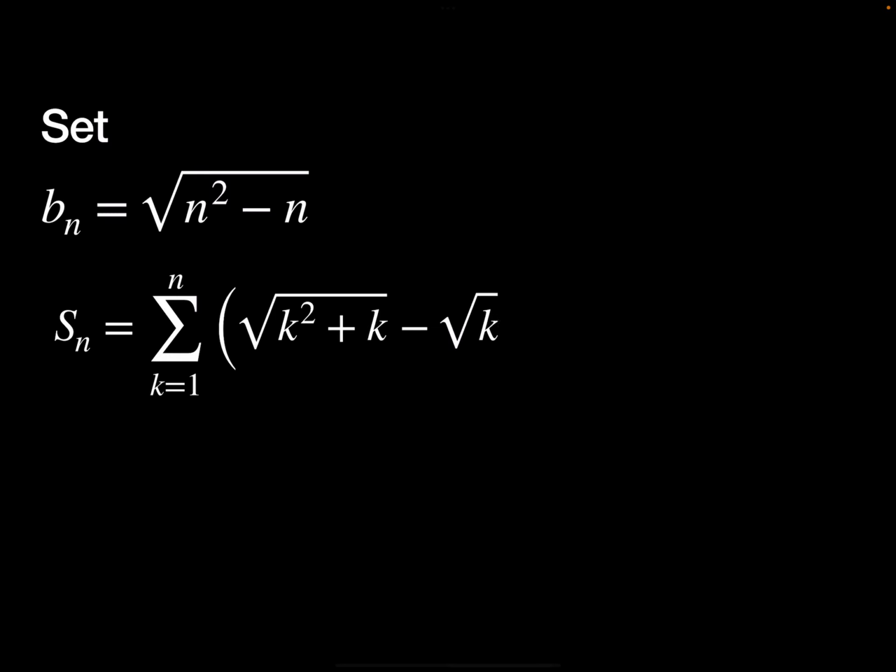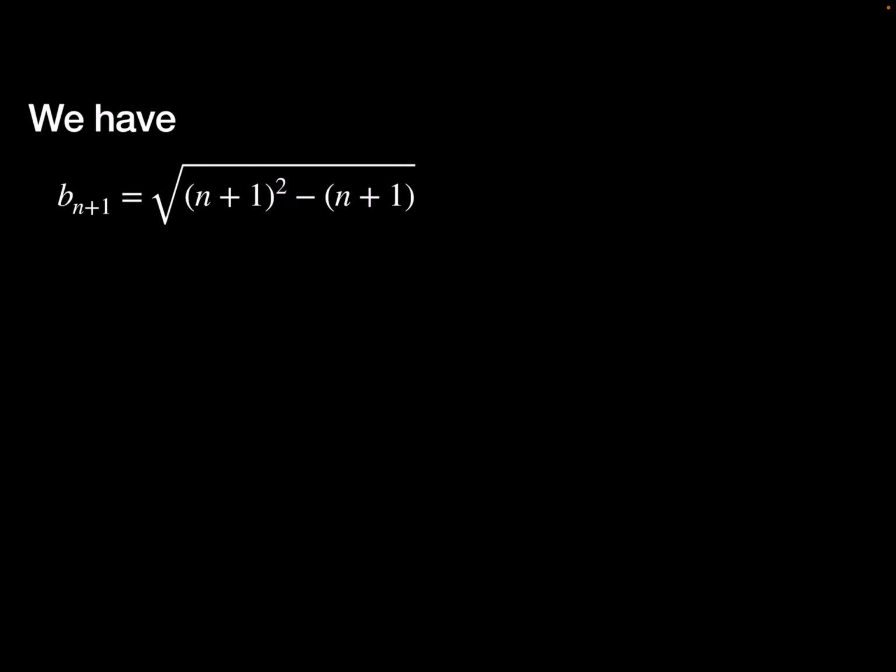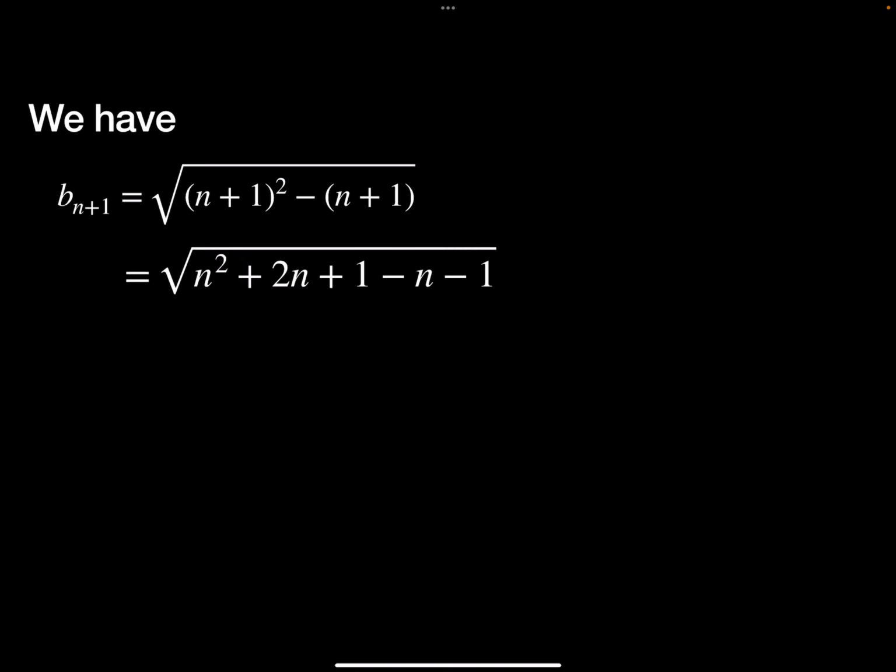Okay, so we're going to compute b sub n plus 1. This, by definition, is equal to the square root of n plus 1 squared minus n plus 1. Now, after expanding, we get that this is equal to the square root of n squared plus 2n plus 1 minus n minus 1.